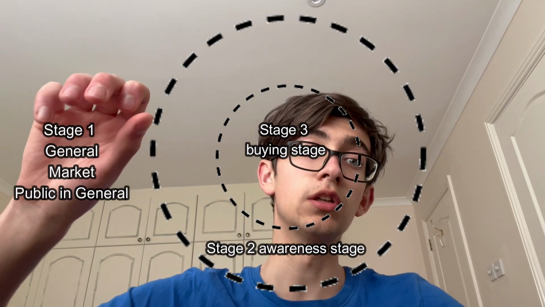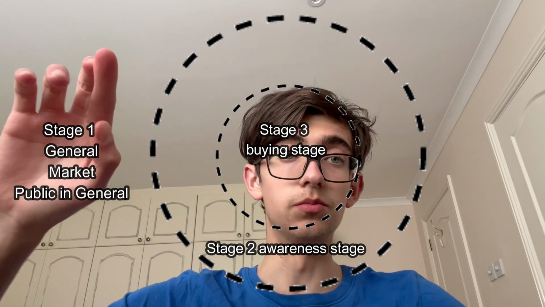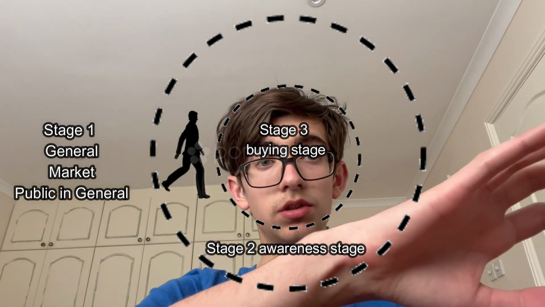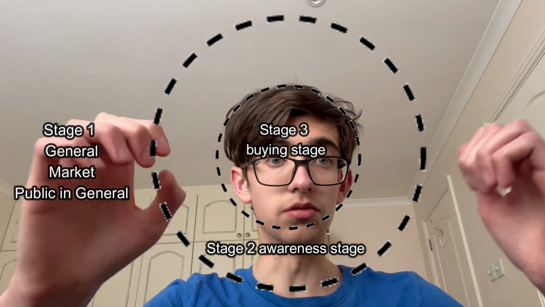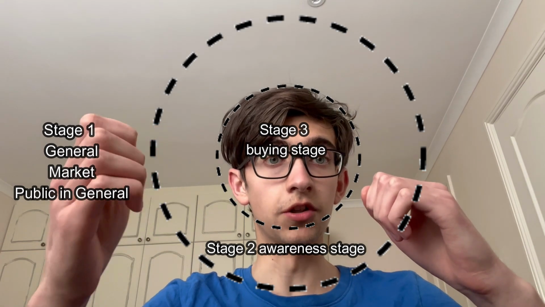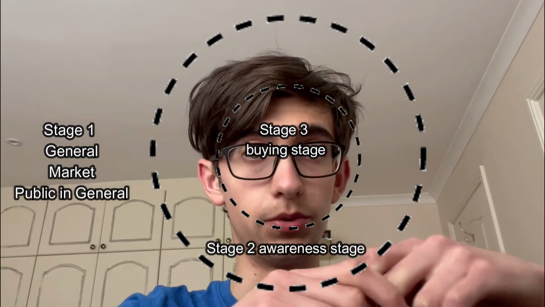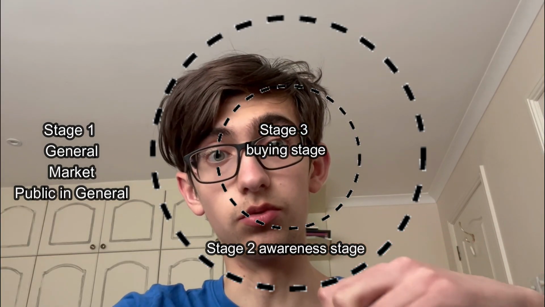First of all, an unknown customer of the general public starts off in stage 1, and what you have to do is get them to stage 2, and that process is the marketing process, because you have to pull them in towards your business as a whole and towards the products and services provided to the marketplace.